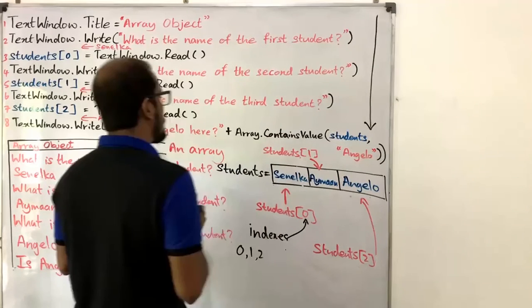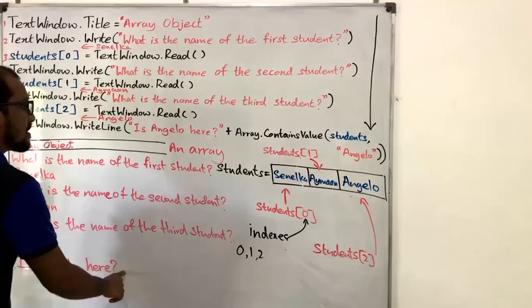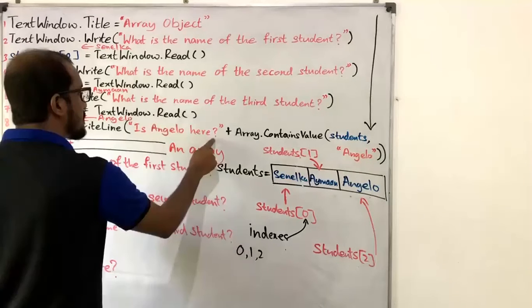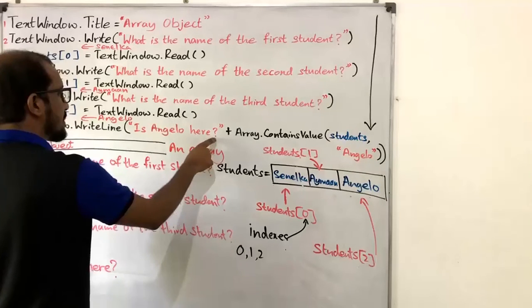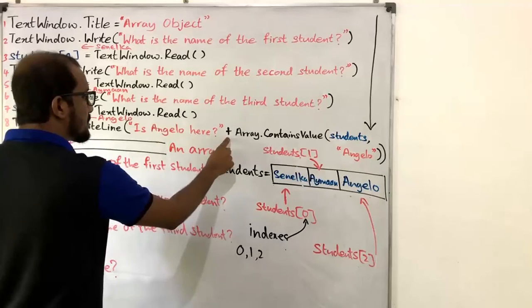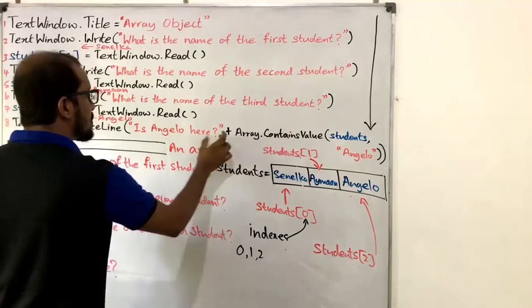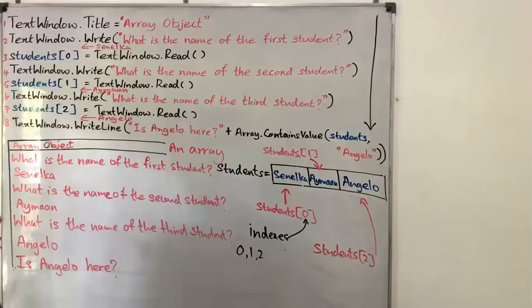So that result is joined to the end of the question. Question ends with the question mark. So this plus means joining the answer from this part to the end of this question. So is Angelo here? Yes.